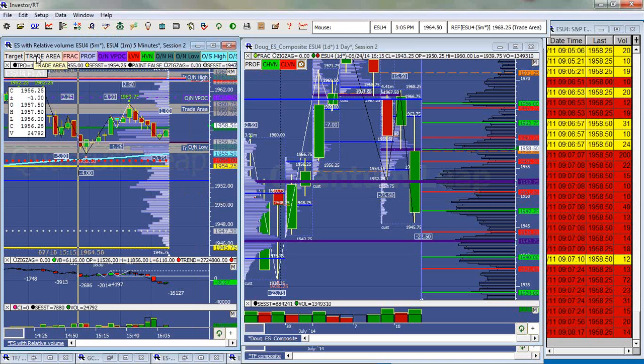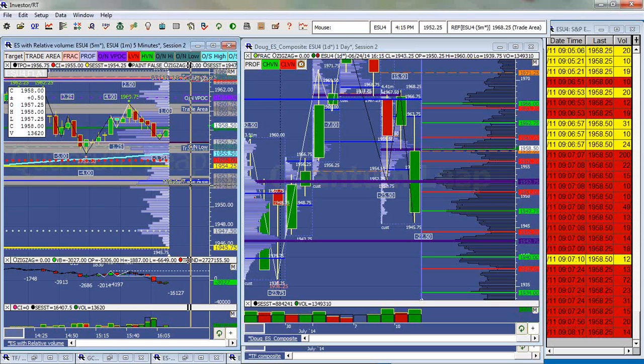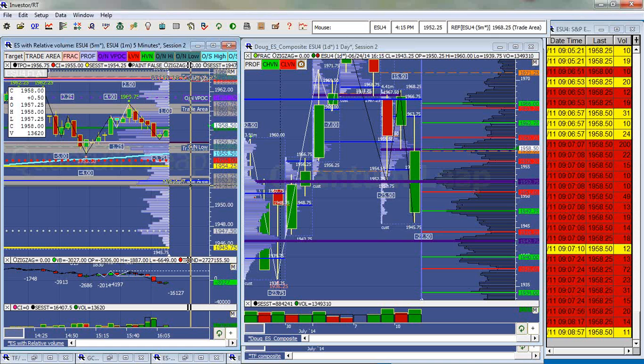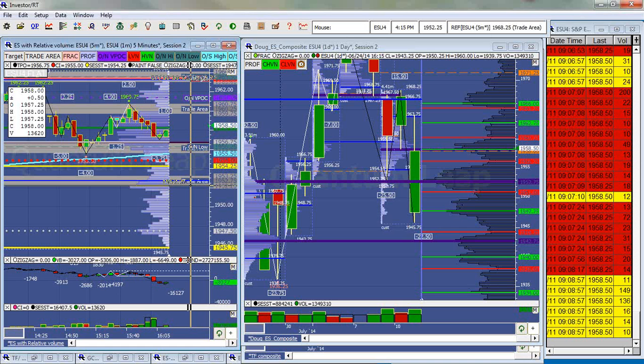And this is my major target, but remember, trade areas for me are targets too. The difference between a target and a trade area is I will add on at a trade area. I will not add on at a target.